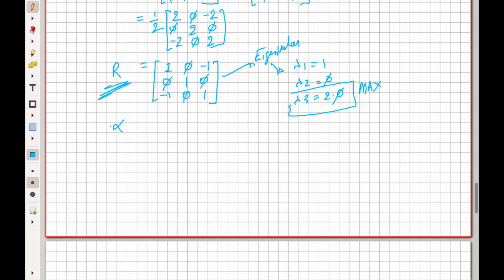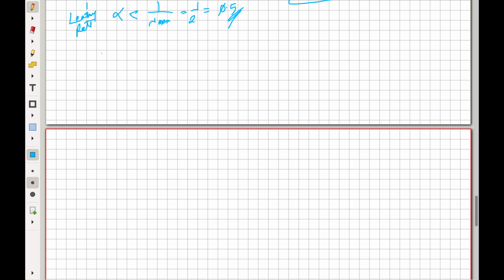So alpha, the learning rate, is going to be less than 1 over lambda max, and so this is 1/2, so 0.5. To be safe, let's say we pick a value of alpha that is much smaller than this, and we will pick a value of 0.2.